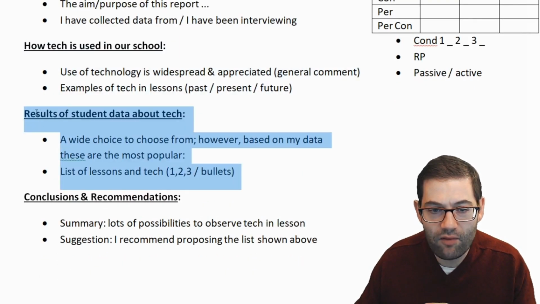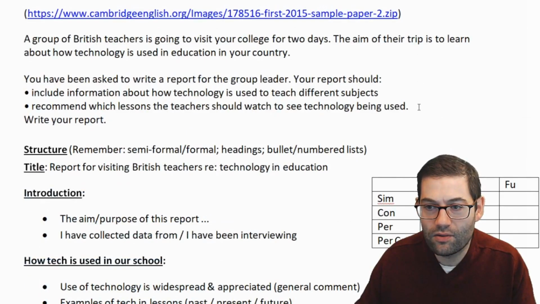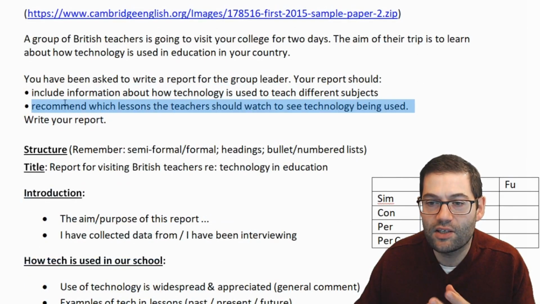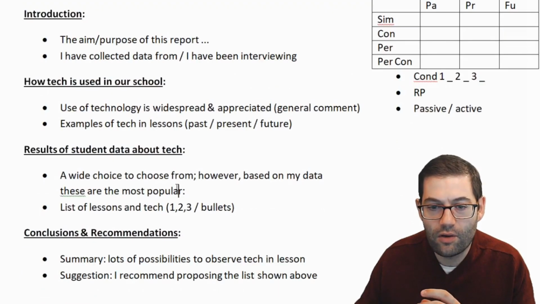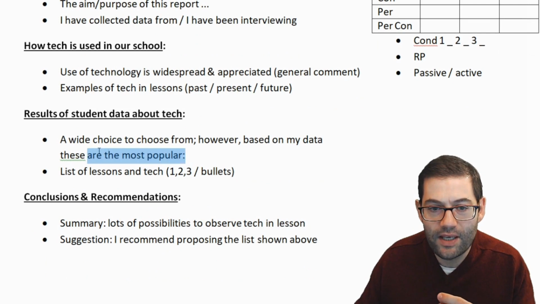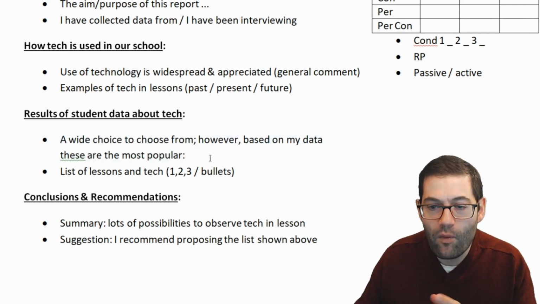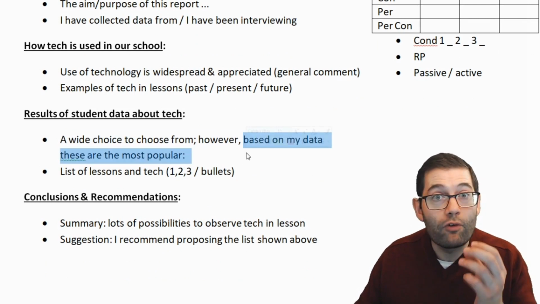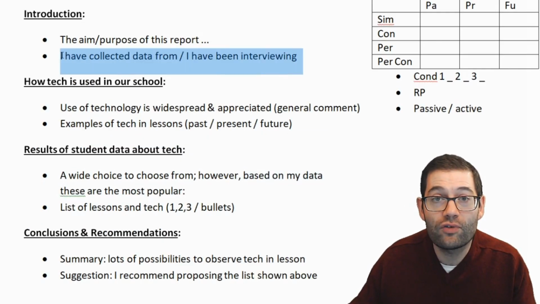Then we've got this bit here, results of student data about technology. And this relates to recommending which lessons the teacher should watch to see technology being used. It's the first part of this discussion. So I've said, once again, another general comment, a wide choice to choose from. However, based on my data, these are the most popular. So once again, I'm referring to those statistics that I've mentioned in my introduction.